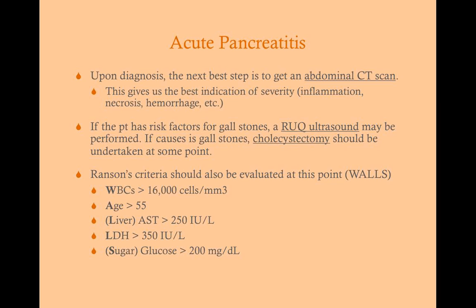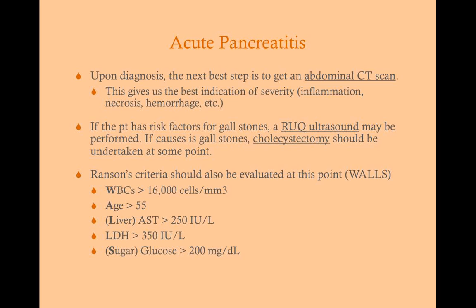Now, if you have a patient that is not an alcoholic, let's say she's a 46-year-old woman, she's still menstruating, she's got a BMI of 33, she's overweight, and she's a woman, she's got risk factors for gallstones.